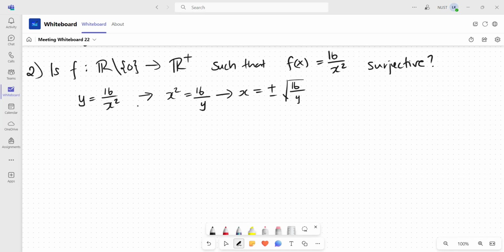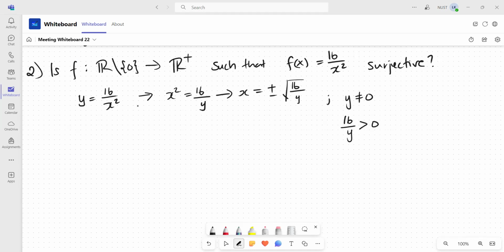Now, because we have y in the denominator, very important that y is not equal to 0, because if y is equal to 0, then this is obviously not defined. And because it is under the square root, we need 16 over y to be greater than 0.